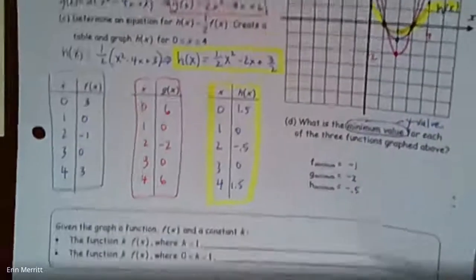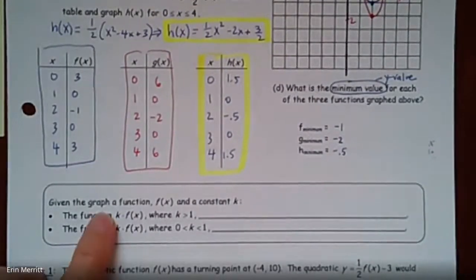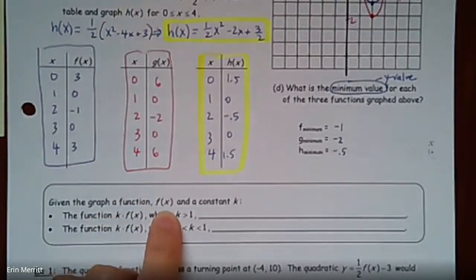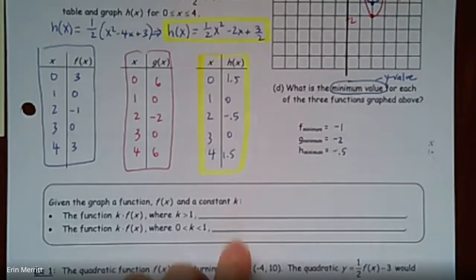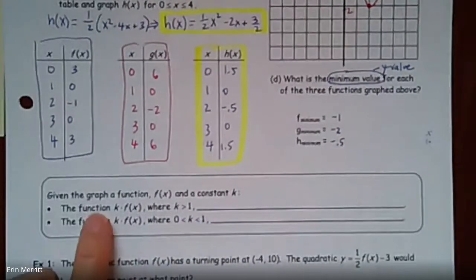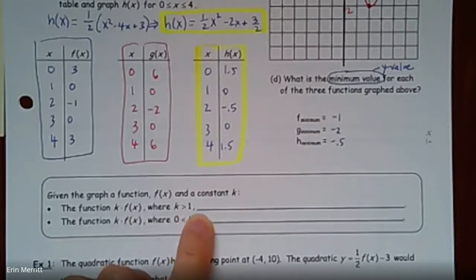All right. So that is important to notice because it's going to help us understand the rule of what's going on here. Right? So it says, given the graph of f of x and then the constant k, so the number that we multiplied it out front, the function k times f of x, where k was greater than 1, and then the function k times f of x, where k was between 0 and 1.